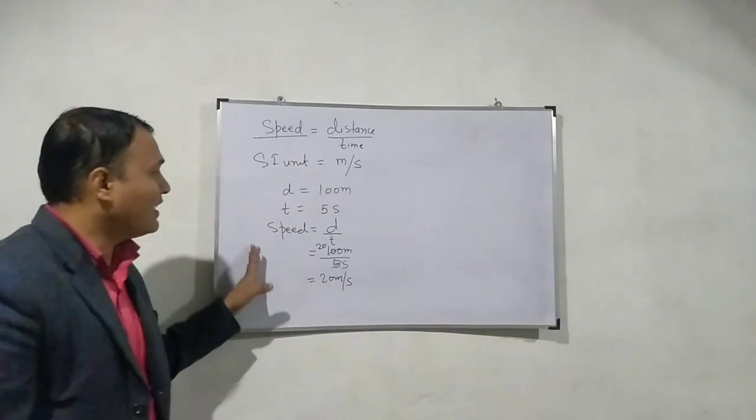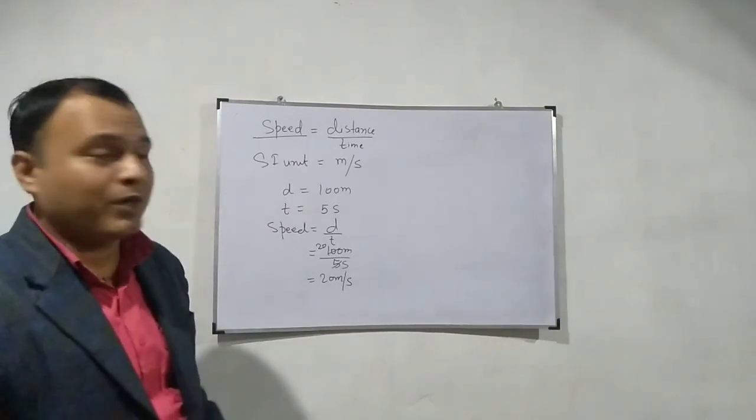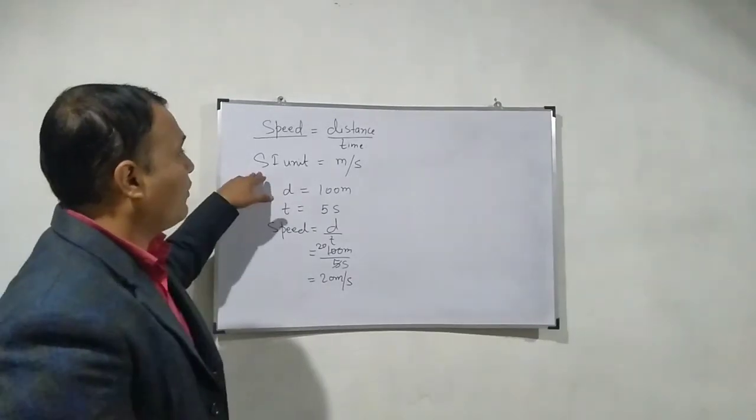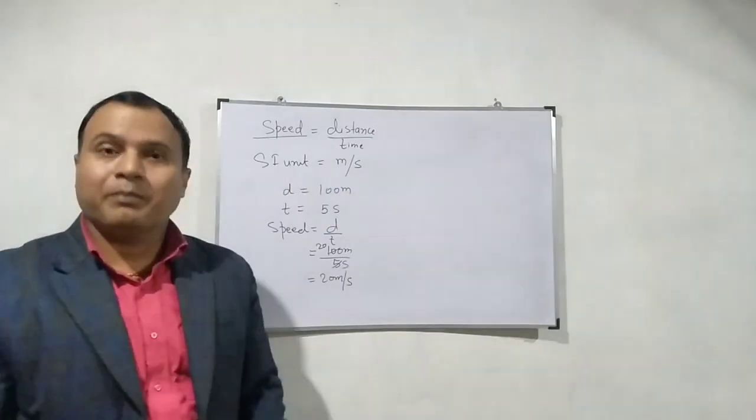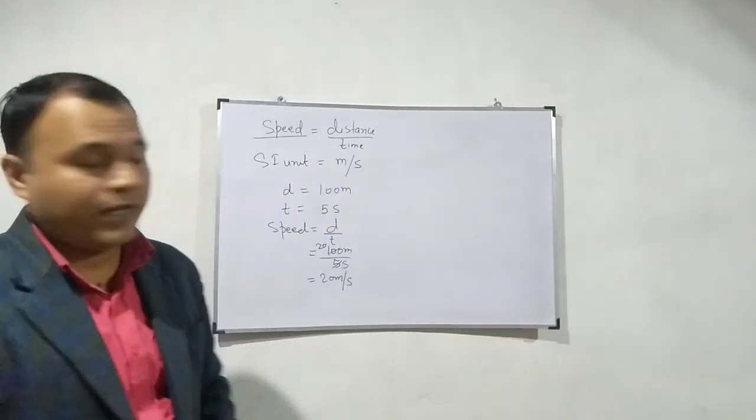In this case, the speed of the object is 20 meters per second and the SI unit of speed is meter per second.